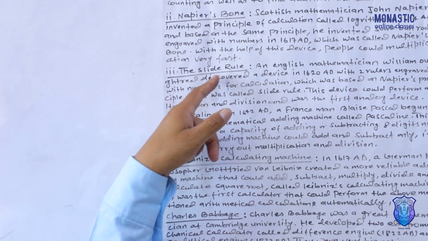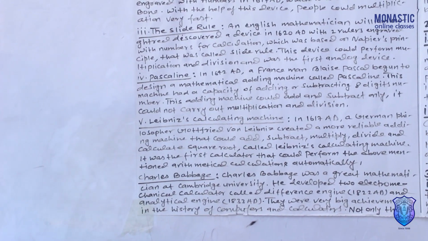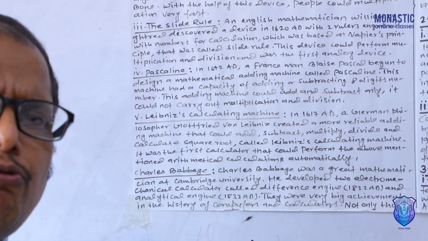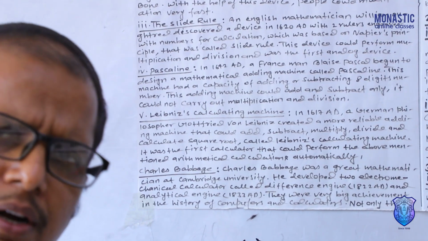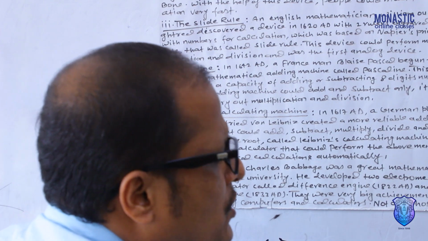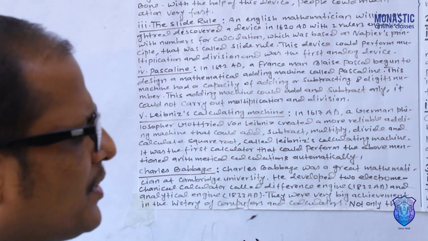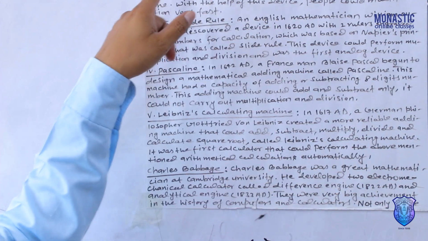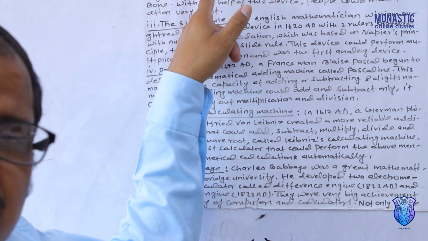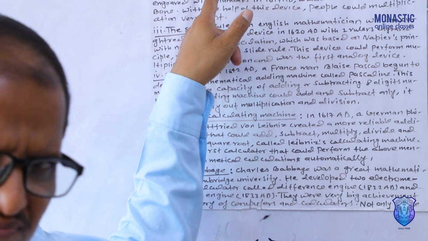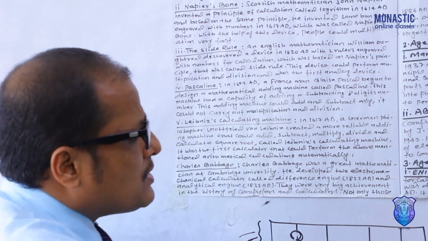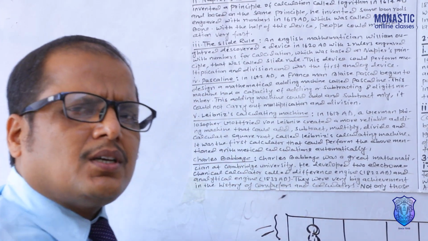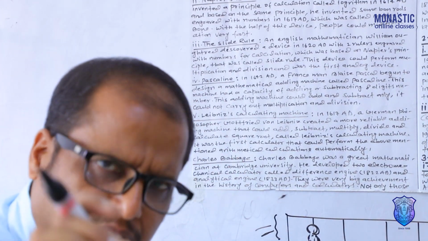Next one is the slide rule. An English mathematician named William Oughtred discovered a device having two rulers engraved with numbers, and that device was based on Napier's principle, that is, based on logarithm. That was called the slide rule, and it was developed in 1628.